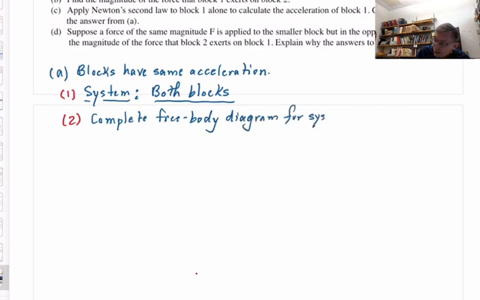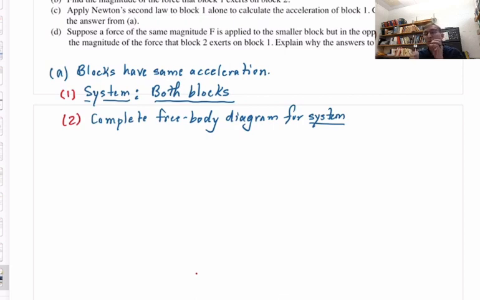And remember, a free body diagram for a system shows all forces acting on that system. And now I'm going to be even a little bit more specific: all external forces acting on that system. External means from the outside of the system. Don't ever include what are called internal forces for the system.